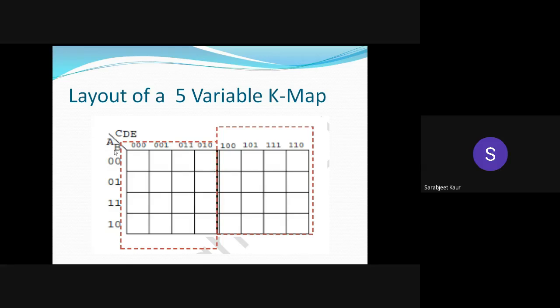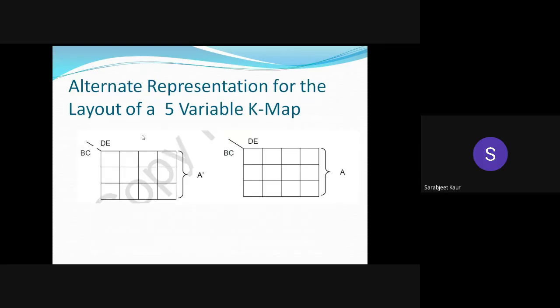So I take AB here and CDE here, where the five literals in our Boolean expressions are A, B, C, D, E. And this is the alternate representation of the five variable Karnaugh map, where you can visualize it better. For A, we make one four variable Karnaugh map with BC and DE, and for A dash, we make another Karnaugh map with BC and DE.